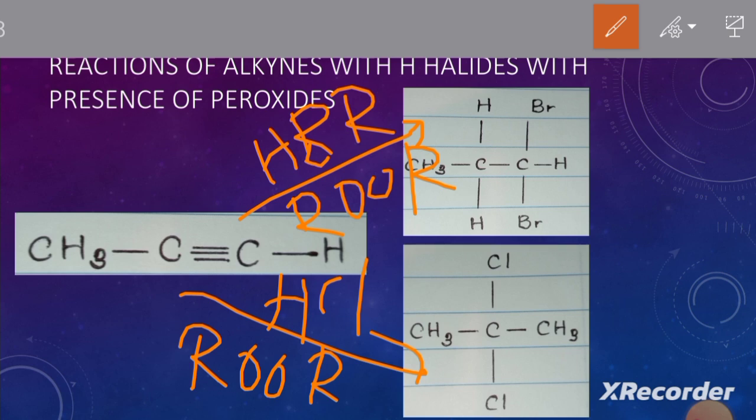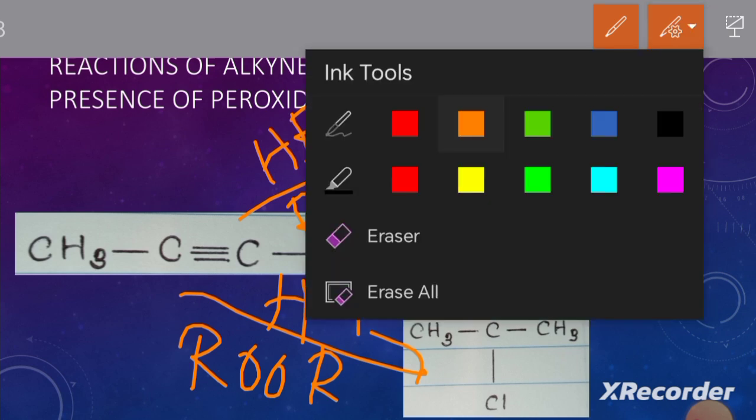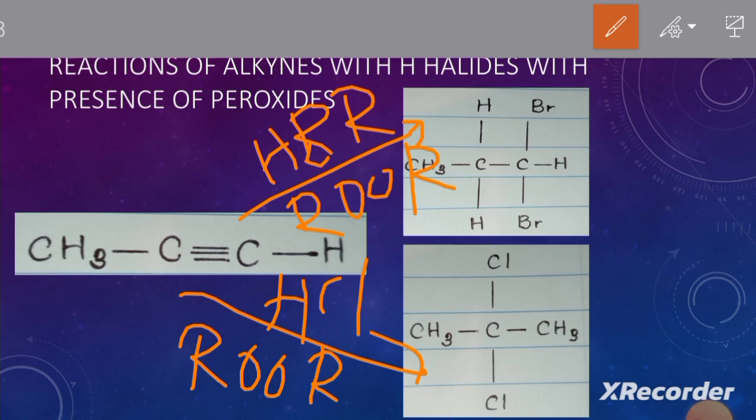When we take this HBr addition in peroxide medium, you can see that one bond breaks and HBr adds. Hydrogen goes to the carbon with fewer hydrogen, and bromine goes to the carbon with more hydrogen. Then again this bond breaks and hydrogen goes to the carbon with more hydrogen, and bromine goes to the carbon with less hydrogen.